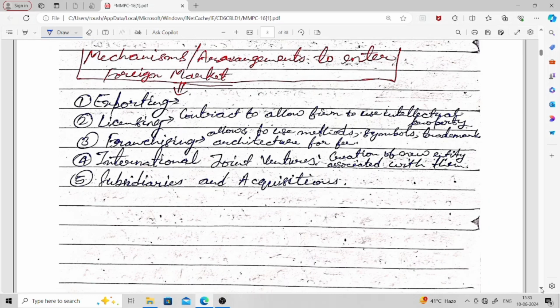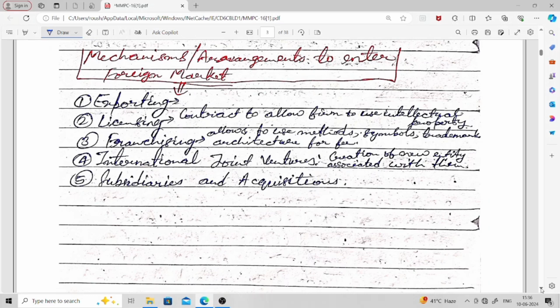Here, partially or wholly, the company tries to buy a company in the foreign land. Subsidiaries means creating a new company in the foreign land, and acquisition is the purchase of an existing company in the foreign land.